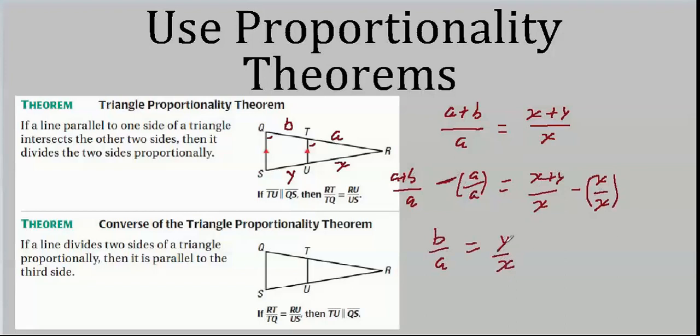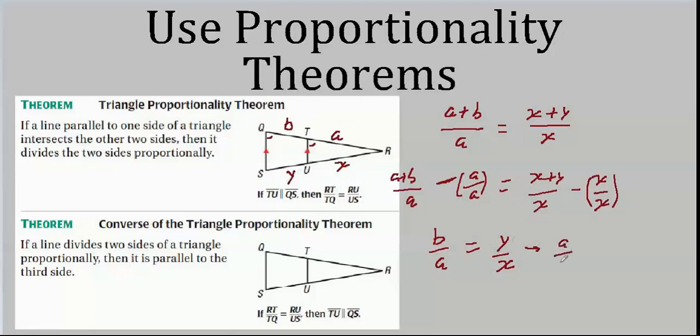Well, wait a minute. B is QT. A is RT. So we just showed that B over A equals Y over X. And if you want to switch this, that's fine, because we know from our previous theorem that this implies that the two inverses are also equal.